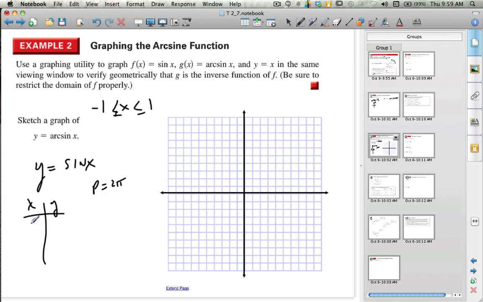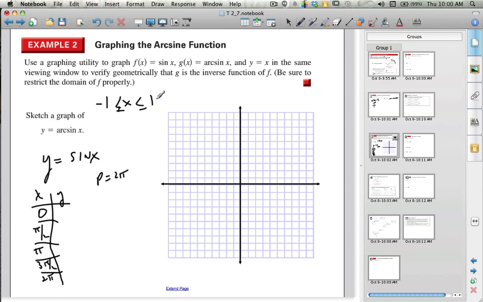The inputs I normally would have done would have been 0, π/2, π, 3π/2, and 2π, with a period of 2π.